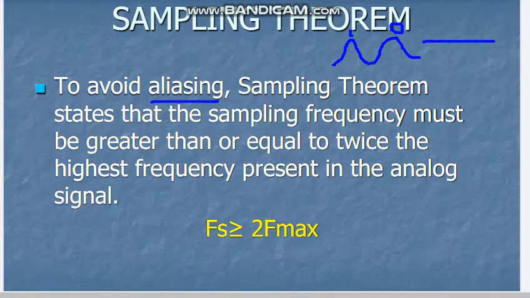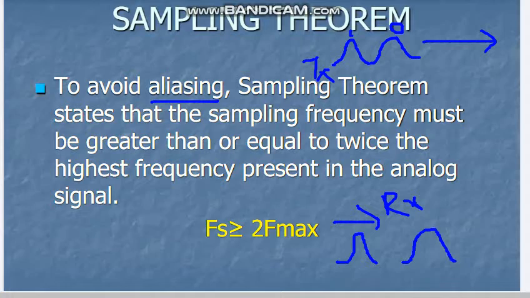Whenever it goes through the channel, because of interference, fading and noise, there may be some problem for reconstruction. That's the transmitter part. If it goes through to the receiver section, sometimes the signal spreads.